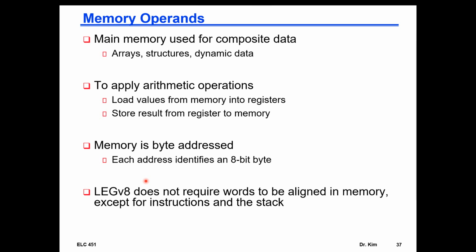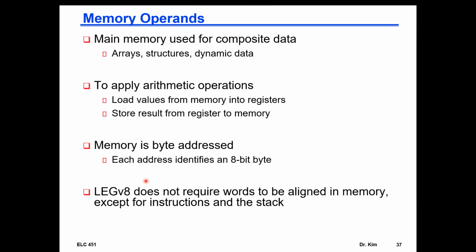If you have an instruction that is loading a byte from that address, it's going to load just the byte at that address. But if the instruction is loading a half word, that is 2 bytes, it's going to load the byte at that address and the one next. Okay?